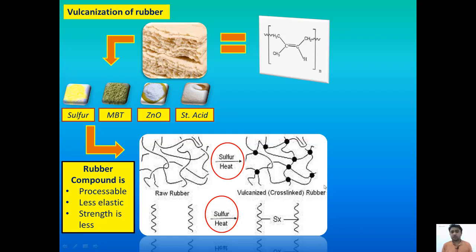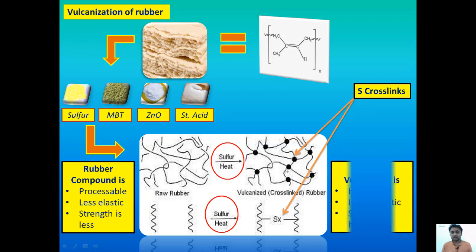Once the cross links are formed, the sulfur cross links, the rubber material will get harder, the elastic properties will be increased and the strength properties will be increased.